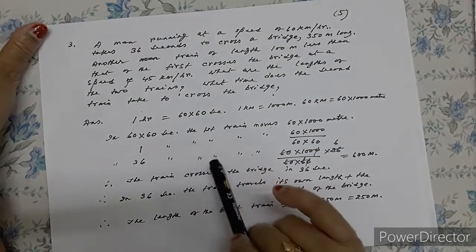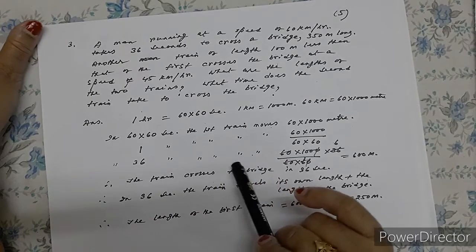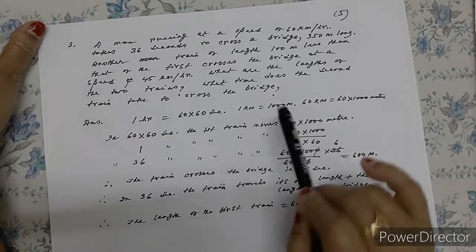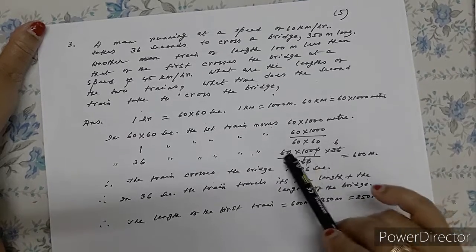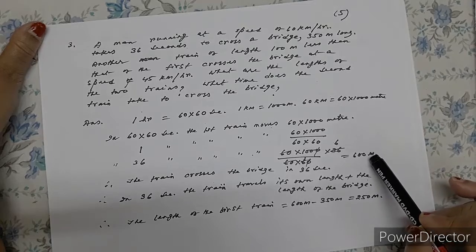That means in 36 seconds the first train moves 60 into 1000 by 60 into 60 into 36, that means 600 meters.